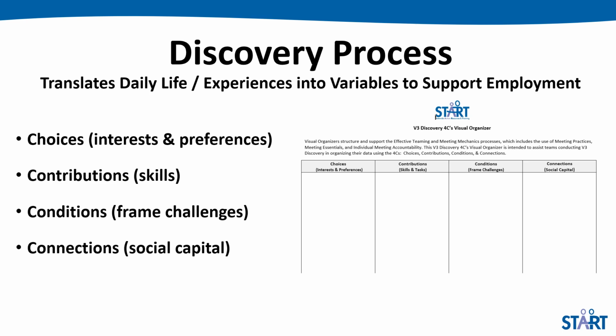What information have we gathered about the student's skills or abilities that could be contributions to a potential employer? What might be the conditions for employment? So really reframing barriers or reframing those challenges into conditions for employment. And who does the student know? Who do they hang out with? Who does the family hang out with that could be potential social capital to be able to use to make those connections to employment?